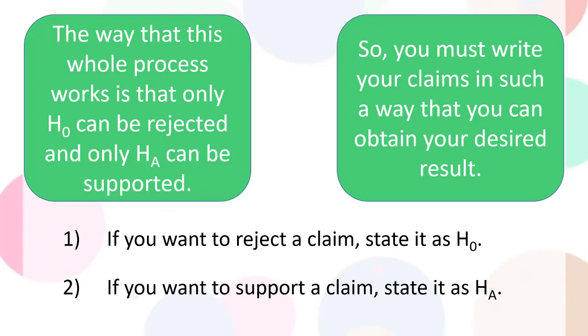Because the results that you have from a hypothesis test is you can either reject H naught or you can support HA. So if I want to be able to reject a claim, it has to be an H naught claim. If I want to be able to support a claim, it has to be an HA claim.